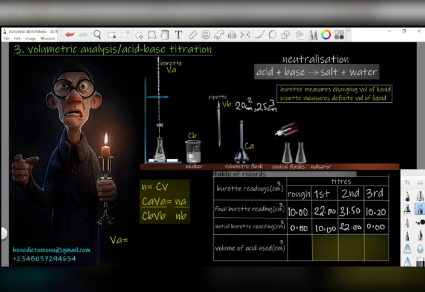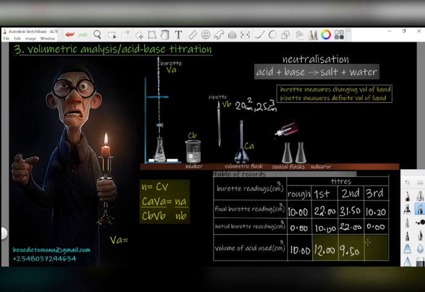Next is to do the subtraction. 10.0 minus 0.0 gives me 10.00. 22.00 minus 10.00 gives me 12.00. 31.50 minus 22.00 gives me 9.50.